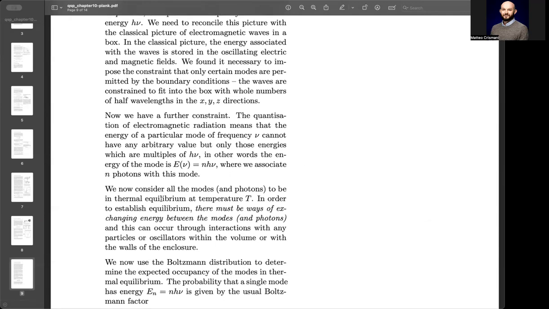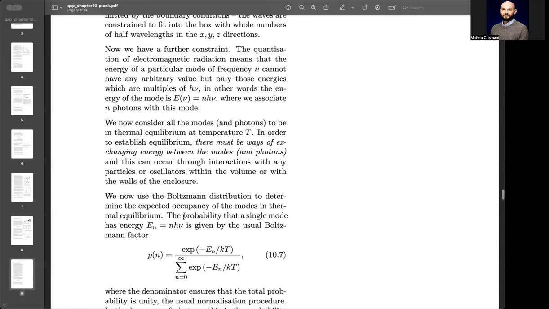And what we're going to do here is keep them in thermal equilibrium at temperature T, okay? There have got to be some ways of exchanging energy between the modes and between the photons, but we don't really care about the details of that. Instead, we're going to use the Boltzmann distribution to see how occupied the modes are.